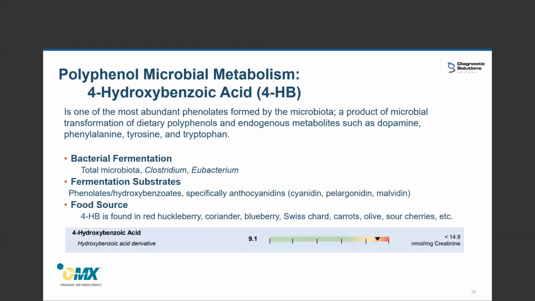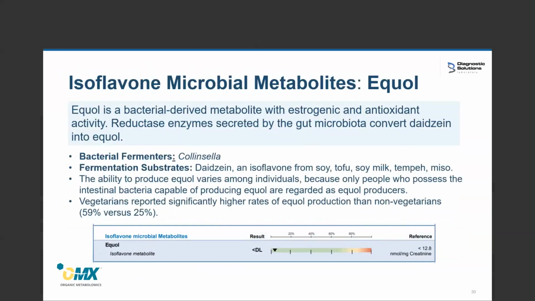So p-hydroxybenzoic acid increased on a low FODMAP diet. Now isoflavones. Equol is a great marker to identify how isoflavones are being metabolized. The ability to produce equol varies among individuals, because only people who have the right intestinal bacteria, and I think it's a group of about 8 of them, are capable of producing equol and are regarded as equol producers.